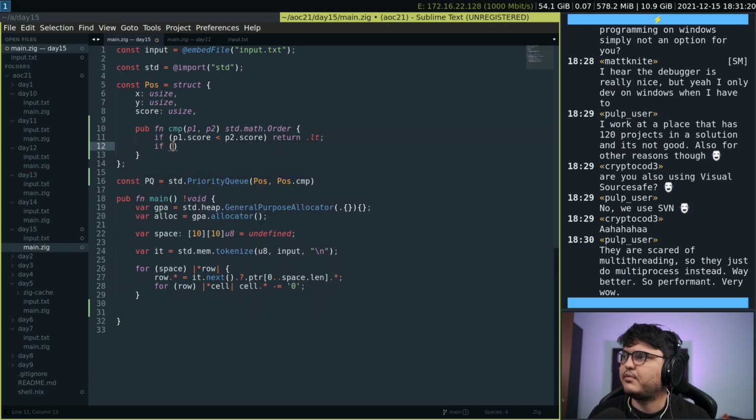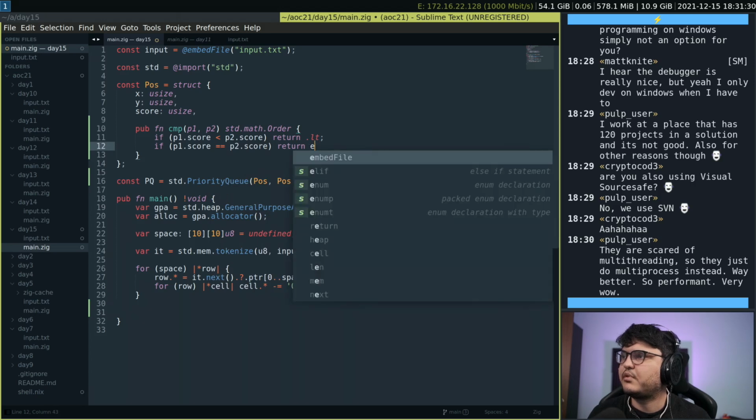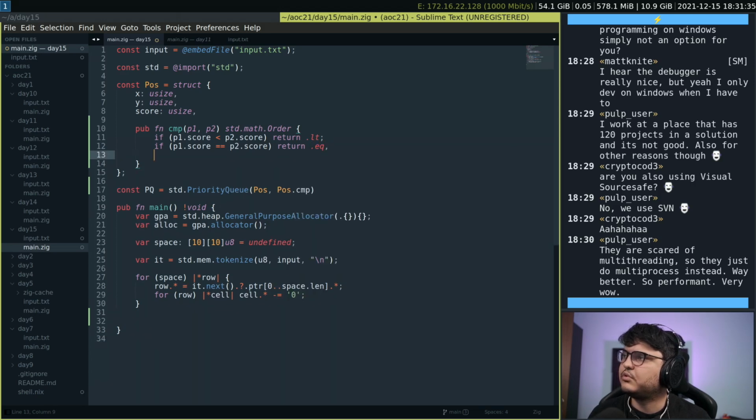If p1.score is equal to p2.score, we return eq. Oops. Otherwise, we return gt. I think that's it.